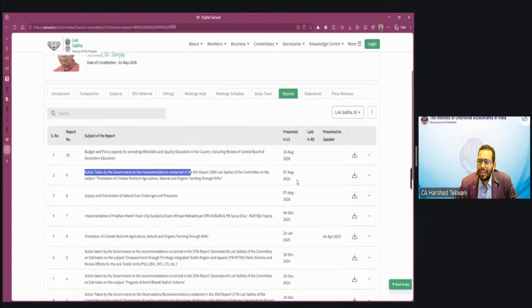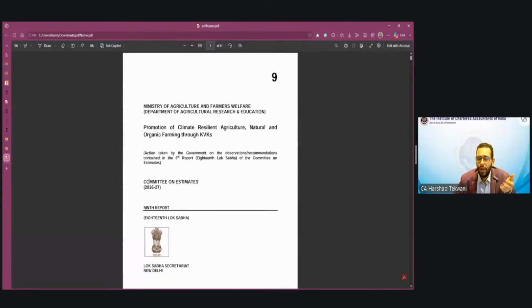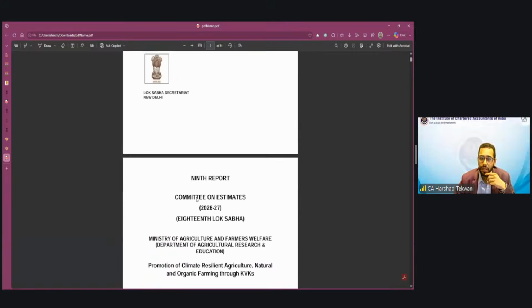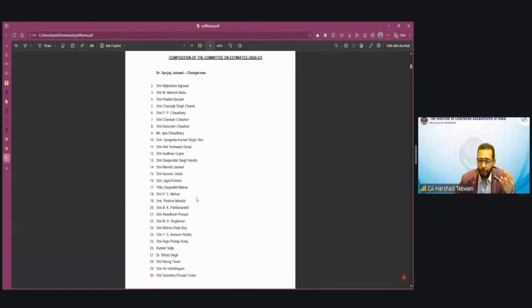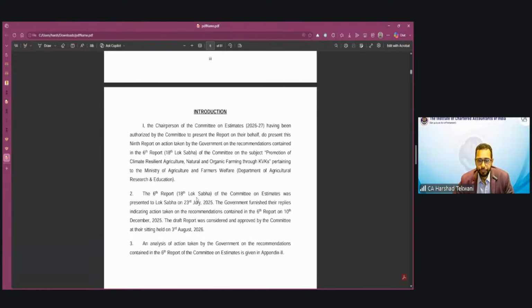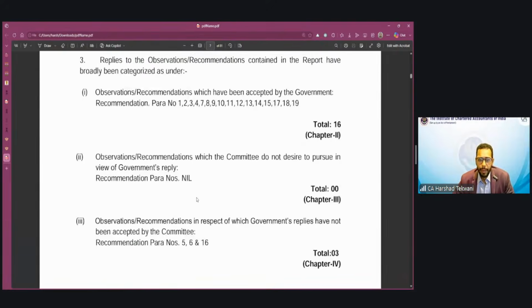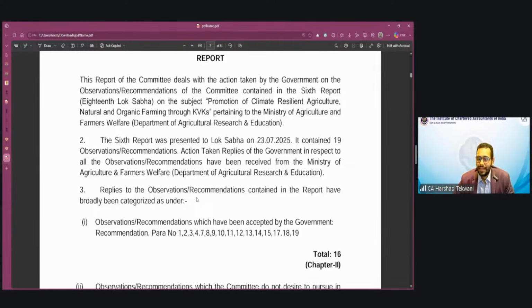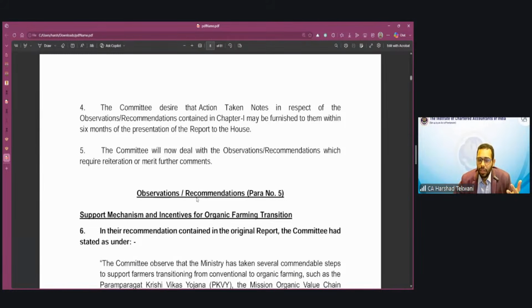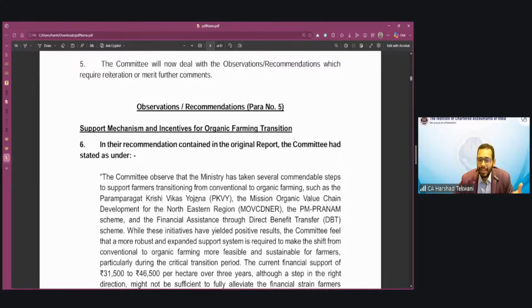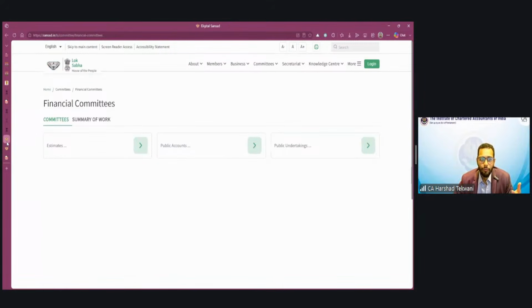Let's see some report. We will understand how and what report is being issued. So the Committee on Estimates provides this report after performing the analysis. Basically, as I said, their function was to look into the economy and suggest recommendations, what they can do better.